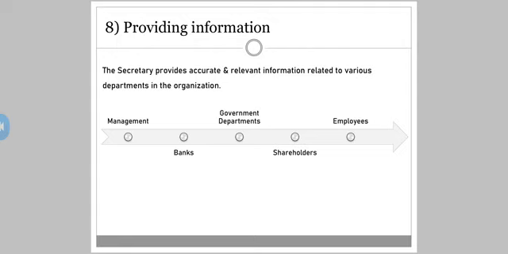It's the secretary whose duty is to look after all the different departments, or whatever is happening in a department, all the reports should be with the secretary. It's the duty of the secretary to provide this information to the different stakeholders. Those stakeholders are none but management, banks, government departments, shareholders and employees of the organization.